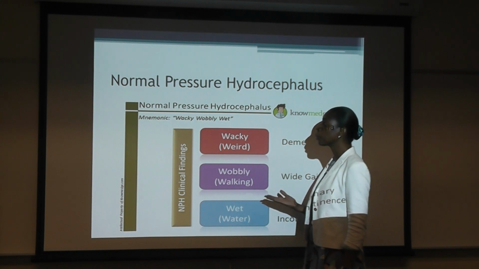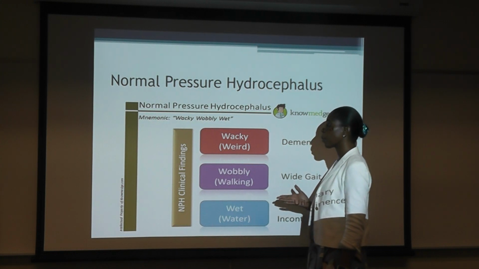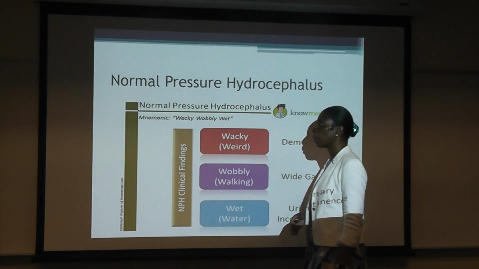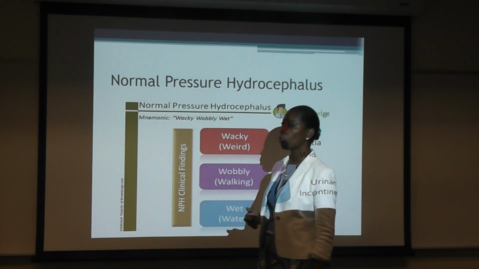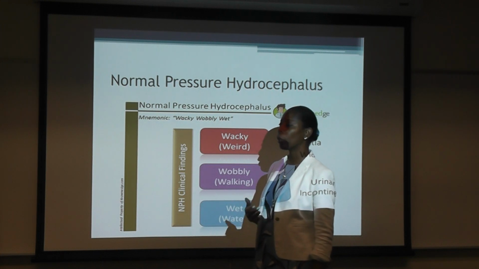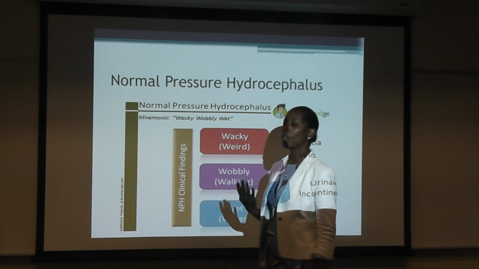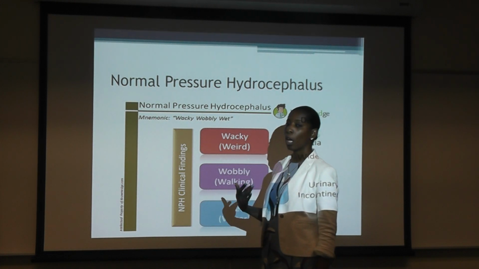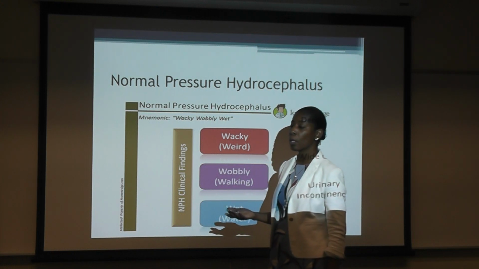Usually it's in older people. The pathophysiological process of this is not well explained, but the symptoms can be mistaken for dementia. These patients get confused, they start acting really strange, they don't walk right, and they start urinating on themselves.